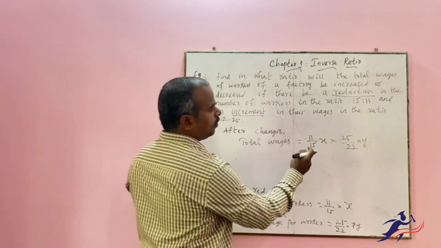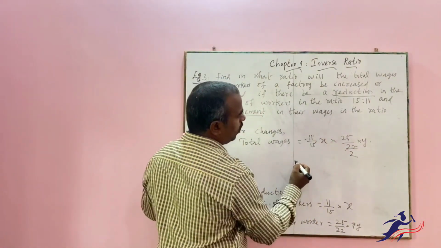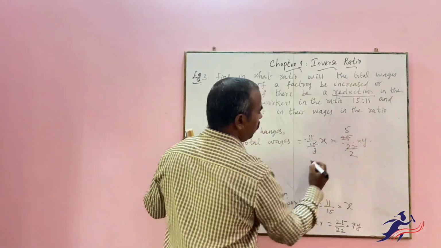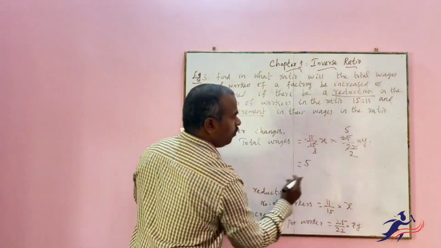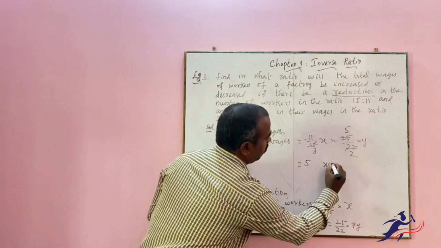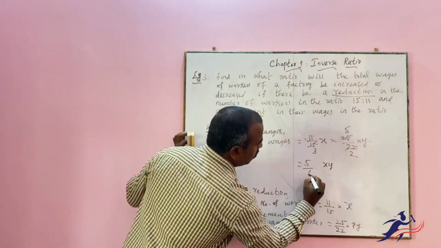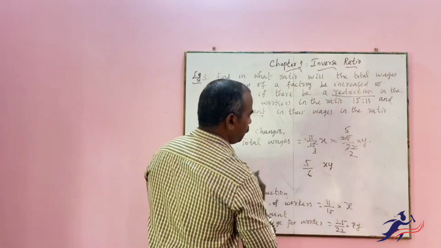Now we can cancel 11, the 2s, so 5 threes are 15, that is 5 xy, here 3 into 2 is 6, that is 5 by 6 xy rupees.